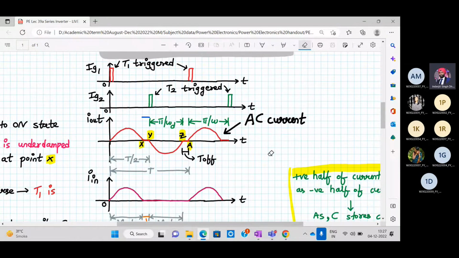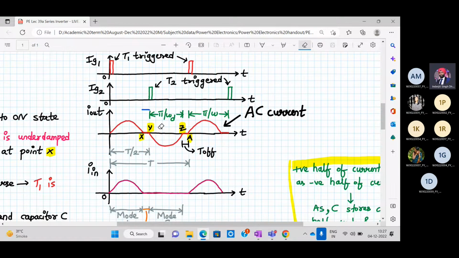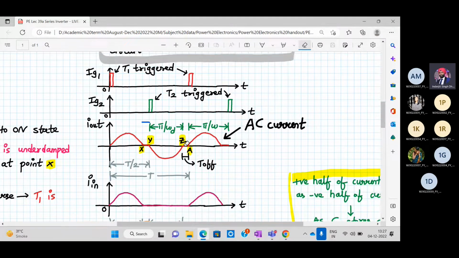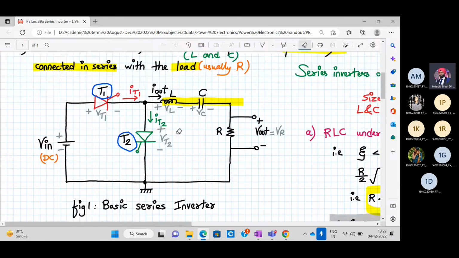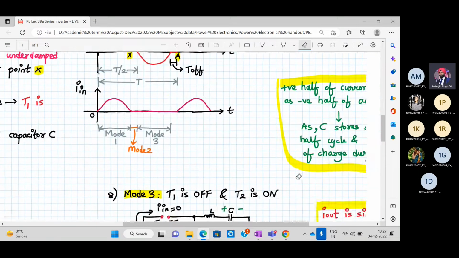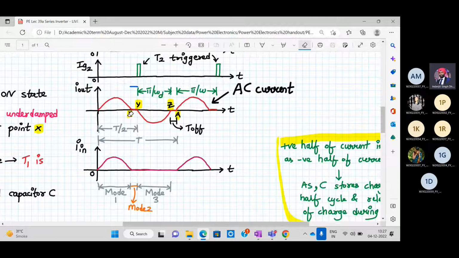So this is the working, and as you can see clearly, the output current is AC current. What are we giving over here? Input is DC and we got an AC current. Now this AC current is flowing through the resistor. So how will V out look like? Exactly the same nature, same wave shape as I out current. Why? Because it's a resistor.